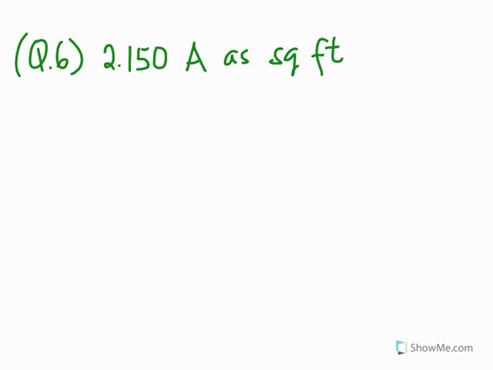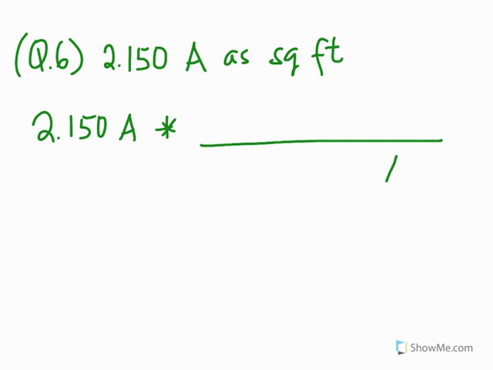Question 6. 2.150 acres are square feet. So we write 2.150 acres times, acres will be at the denominator and square feet will be at the numerator. Now you ask, what is the relationship between acres and square feet?